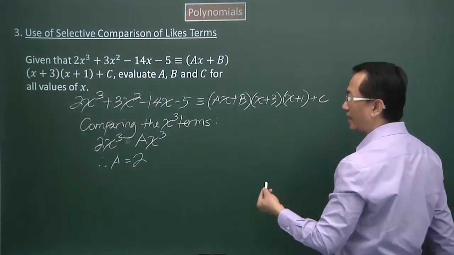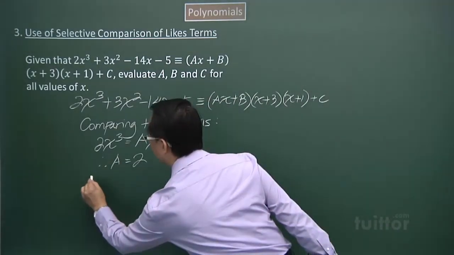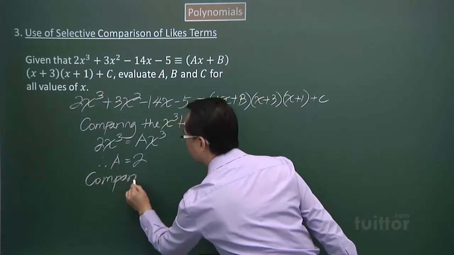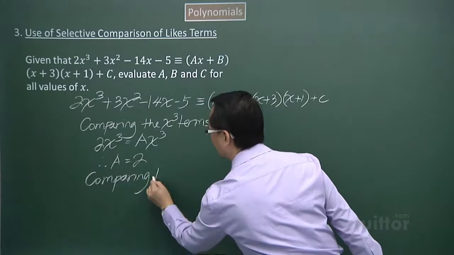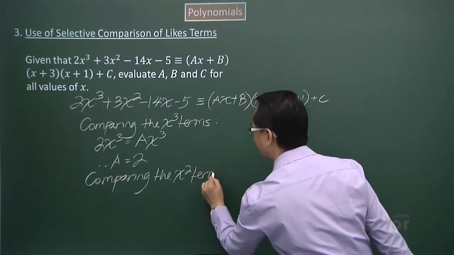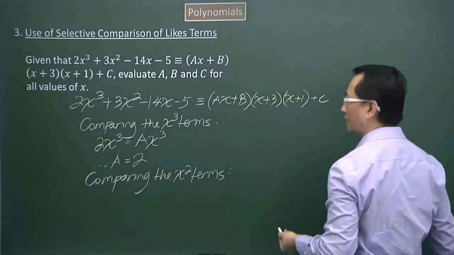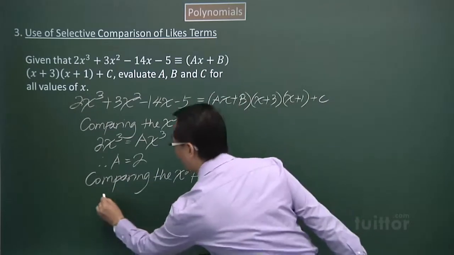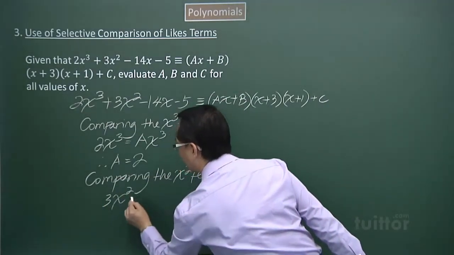Next, I will look for the value of b. So I'll be comparing the x squared terms. On the left-hand side, I have 3x squared.